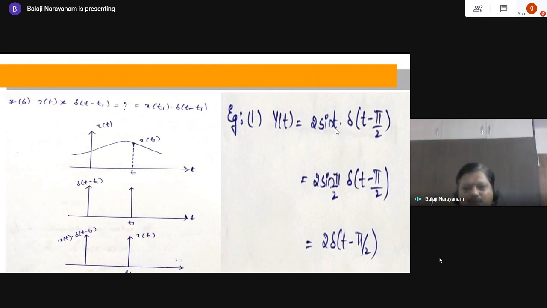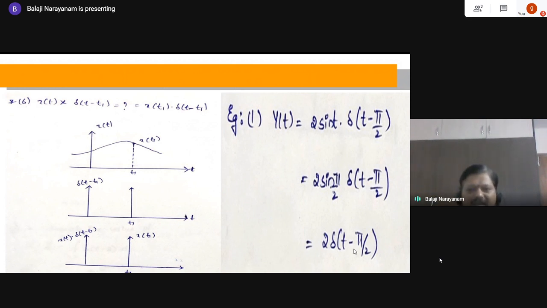So if we substitute pi by 2 in place of t here in the sine function, 2 sine pi by 2 multiplied with the delta of t minus pi by 2, and as we all know sine pi by 2 is 1. We may multiply 2 with 1 and then multiply with the delta of t minus pi by 2, resulting in a value of 2 into delta of t minus pi by 2.